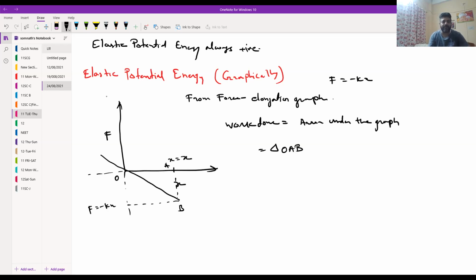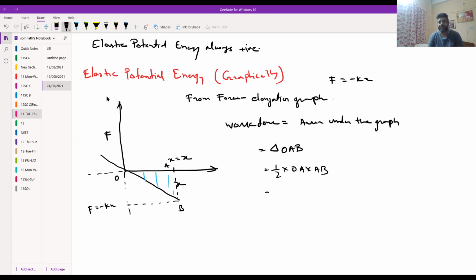Area of the triangle OAB. So area of this triangle OAB. Okay, here look, we don't know what the angle between force and elongation is graphically. So we can say this is the external work done. Meaning, in whichever direction the force is applied, it elongates in that direction, so the work done coming from here is the negative of the potential energy, because this is the external work done, understood? So this is half base into height.